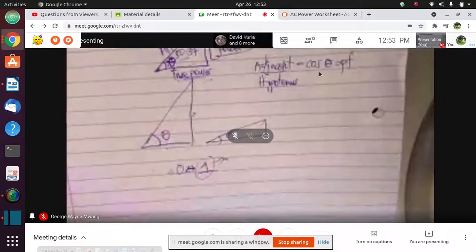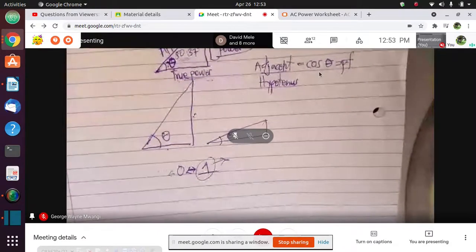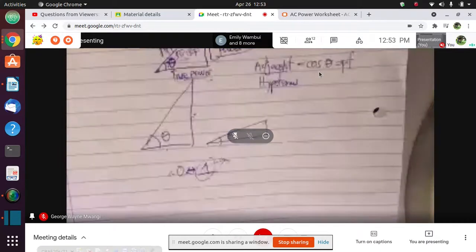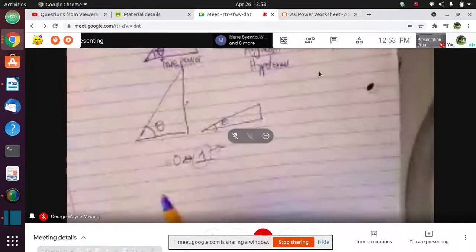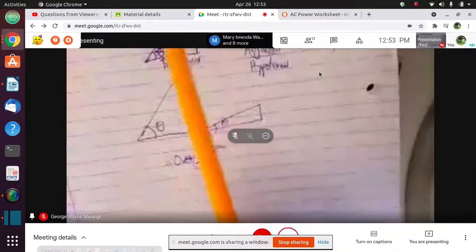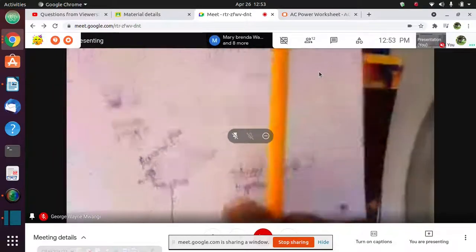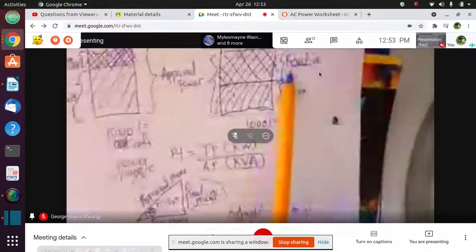Now, in an industry, umeona katika hiyo video amesema in a household situation, power factor doesn't come into play. But when you're in an industry and you have inductive loads, inductive loads ni kama motors, utapata kwamba the introduction of inductive loads will increase the reactive power.